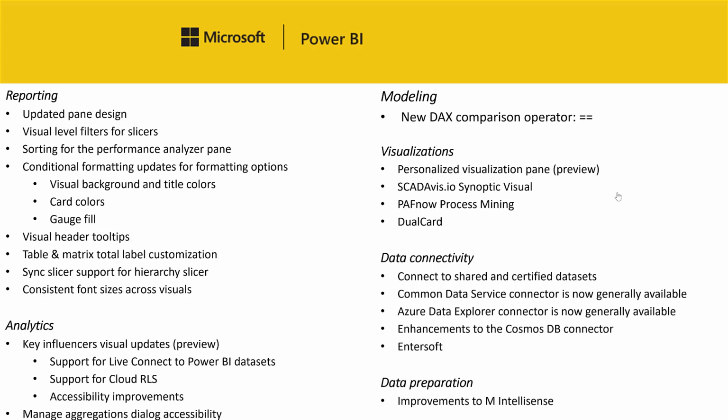We've also added support for testing cloud RLS roles for the key influencers visual. So if you're using RLS for your report and you are also using the key influencers visual, you'll be able to see through testing the roles the types of insights your consumers will get when viewing the report with all the proper security applied.